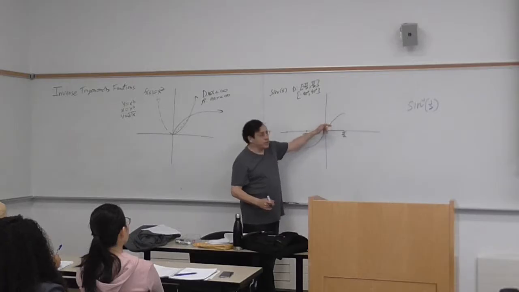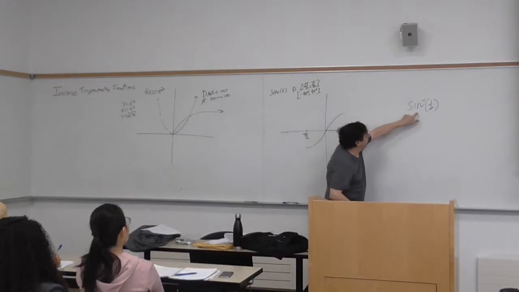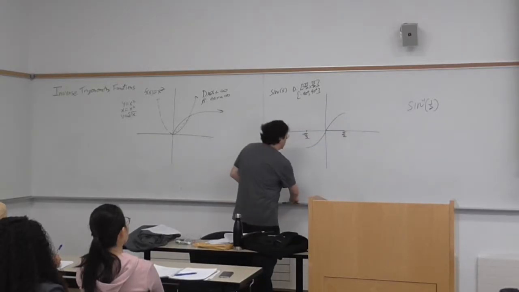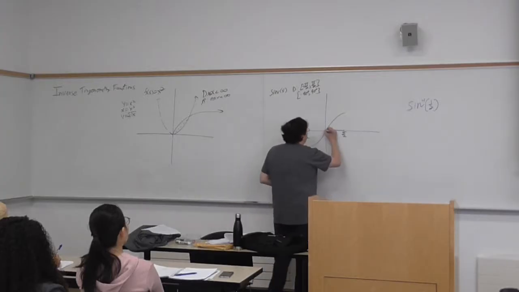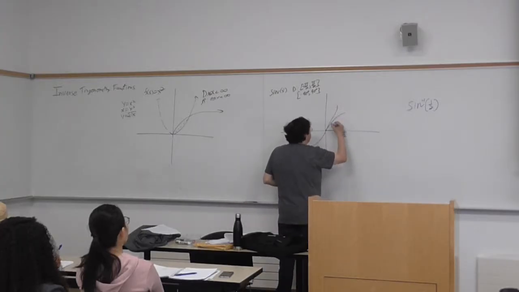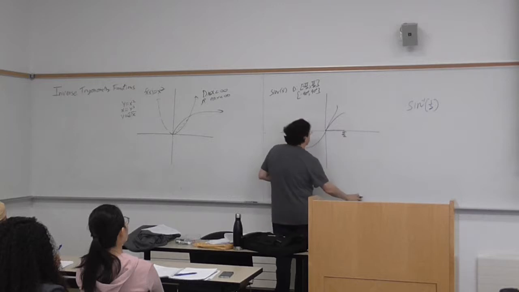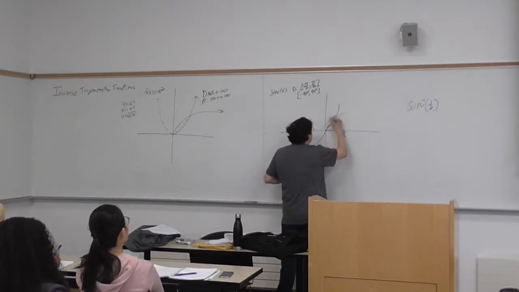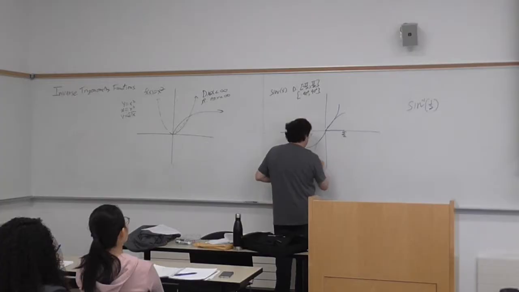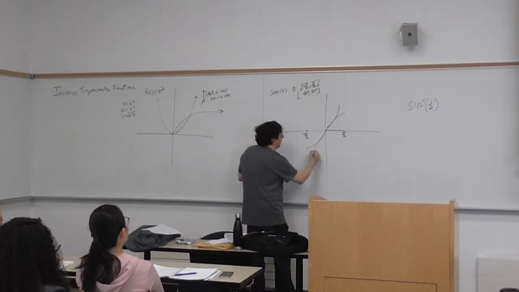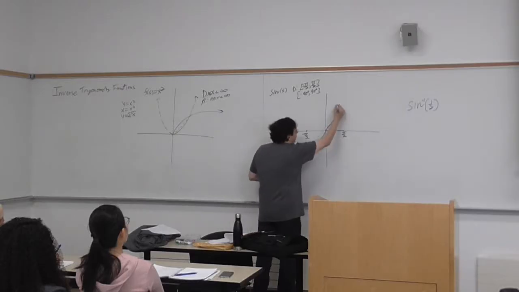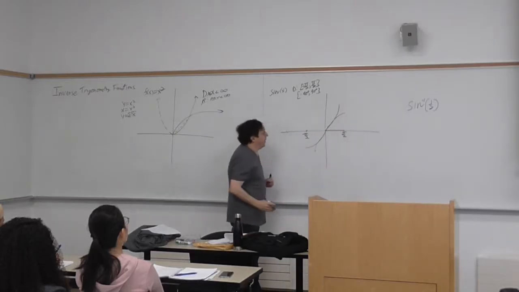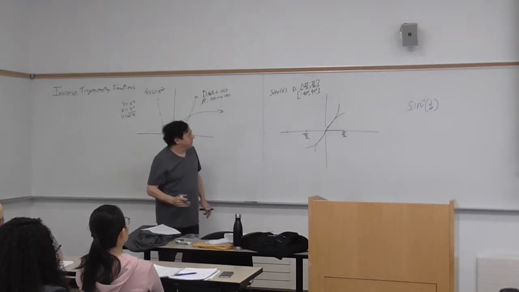So when I switch, and I create my sine function this way, I'm not drawing very well here. Now my inverse sine function is a function. It passes the vertical line test.